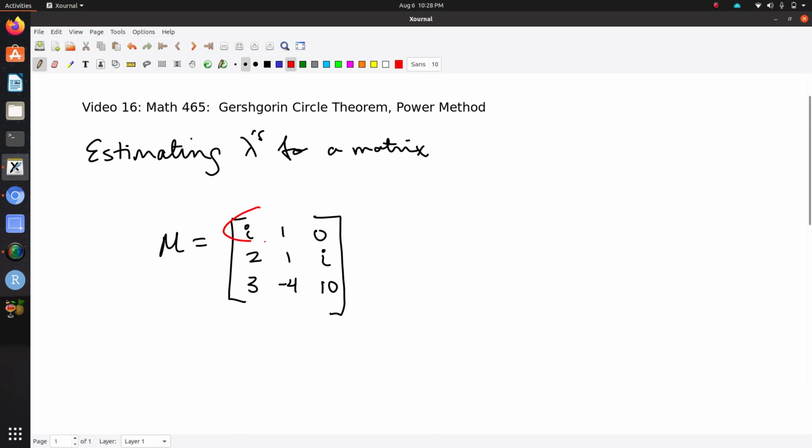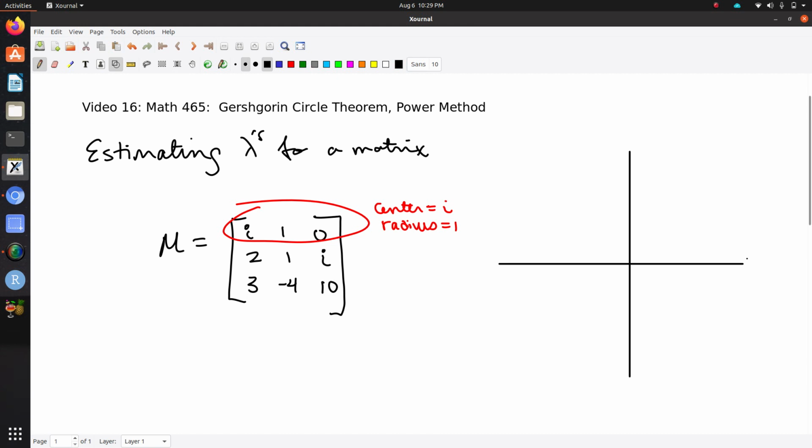Okay, so the first row tells us that if I put a circle, a center equal to I, and radius is the magnitude of all the other pieces added up, then I should find an eigenvalue for M. So if I draw my complex plane here, and I'm going to put my center here, my radius of 1, then I should have an eigenvalue there.